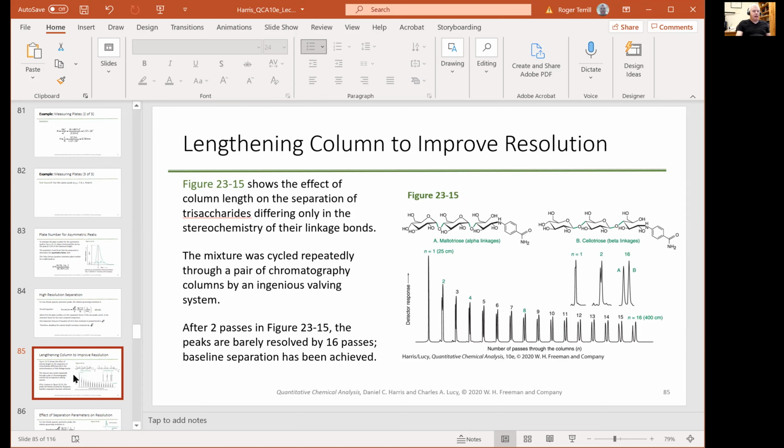So they have here maltotriose and cellotriose. And you can tell that there's a different stereochemistry at this ether bond that links the two sugars. I don't know if you guys know about the story about cellulose versus carbohydrates, but cellulose for 99% of all critters is completely indigestible. You cannot digest it.